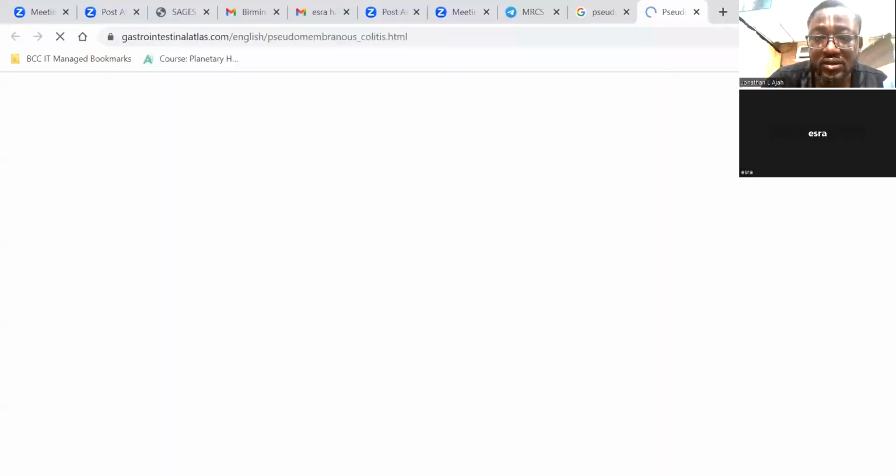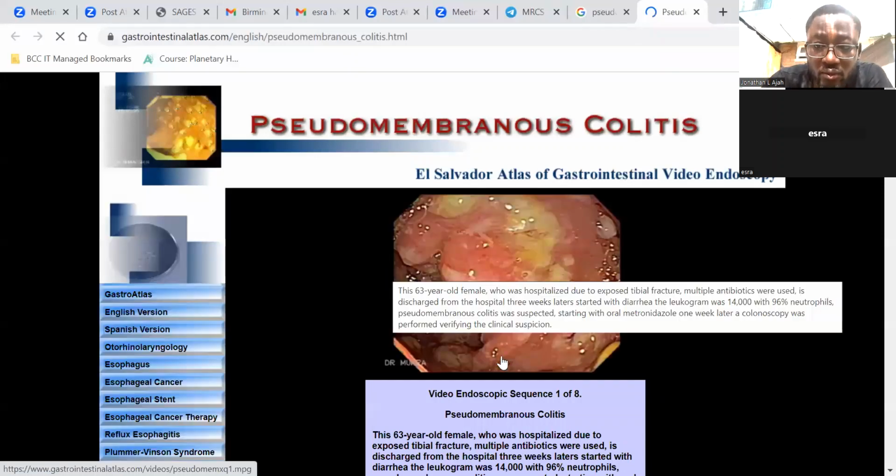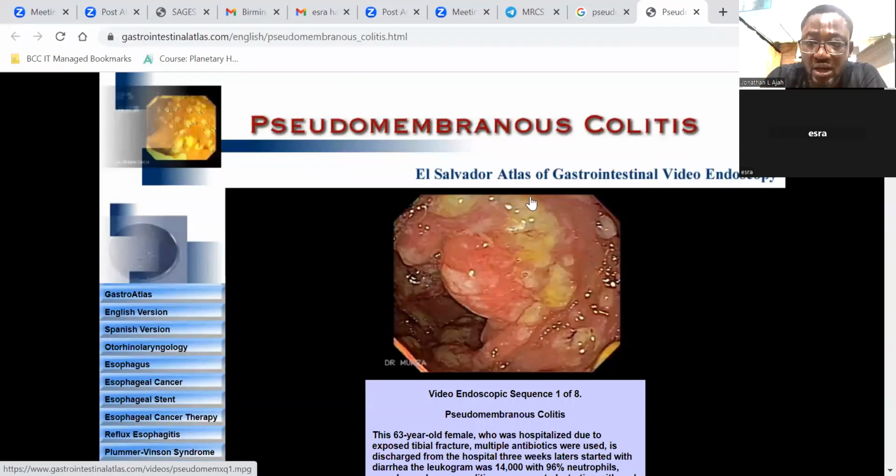So tell me what you think this picture is. It's loading. Have you shared your screen? Yes, okay. Can you see my screen? What do you think this is?